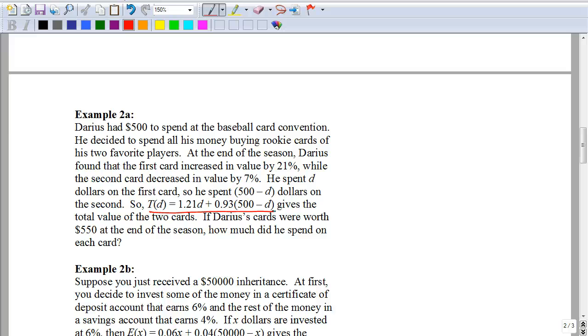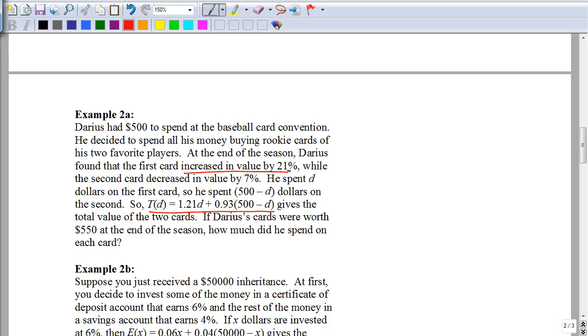Because I don't see 1.21 anywhere in the story problem, and I don't see 0.93 anywhere in the story problem. But we could have gotten that information without having been given this equation. Because remember, with percents, we never do anything with it as a percent. We always change it to a decimal. And as we look at this first percent, it says it increased in value by 21%.